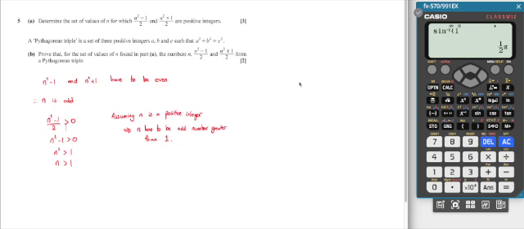That would work. So you could do it that way, but I think the easiest way to do it is to assume that n is a positive integer. And you are absolutely fine doing it either way.